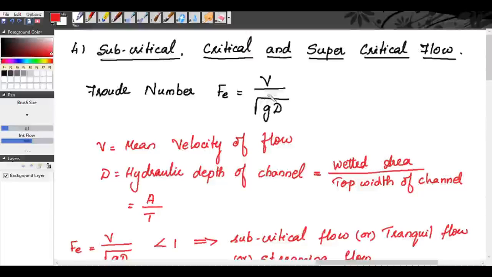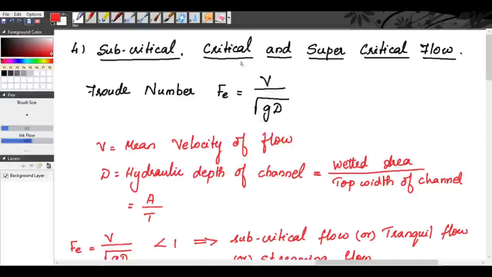What is V? V is the mean velocity of flow. D is the hydraulic depth of the channel, and that is equal to wetted area by top width of the channel. So it is represented by A by T.